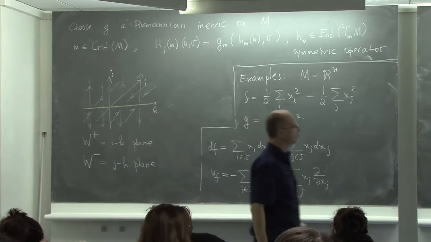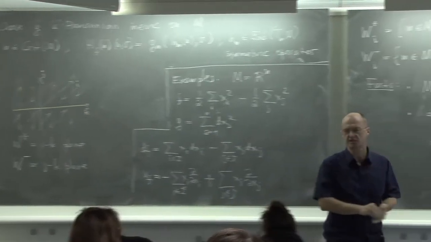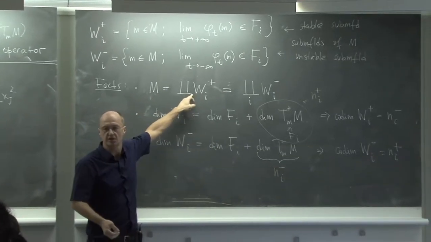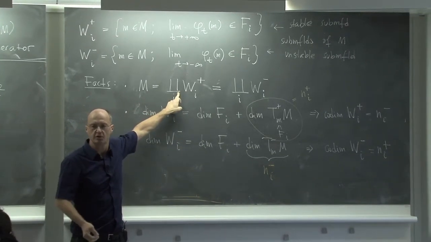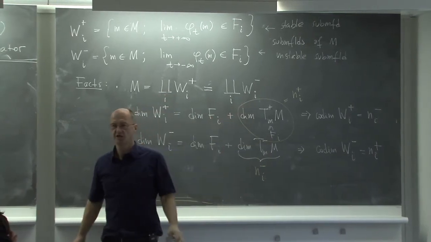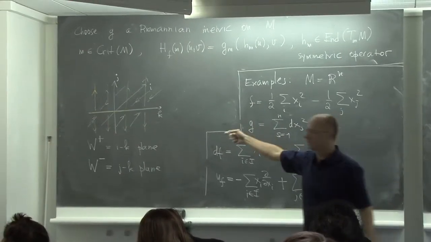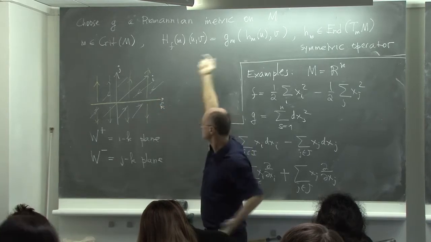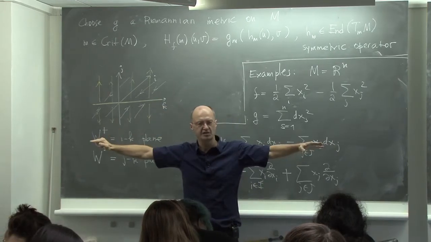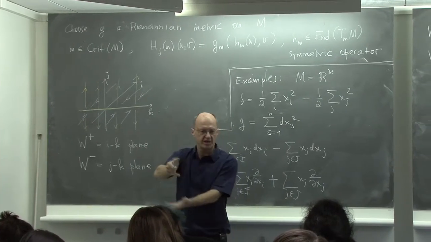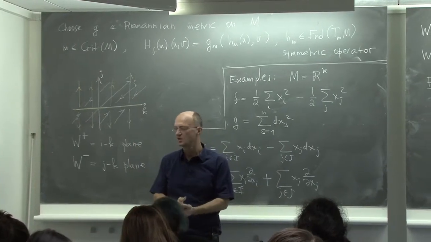By the way, maybe one test question. Here I said that M should be the union of the stable submanifolds and the union of unstable submanifolds. But here it doesn't look like that. I have my critical set here, and this plane in this three-dimensional space, which is a stable submanifold, and another plane, which is an unstable submanifold.